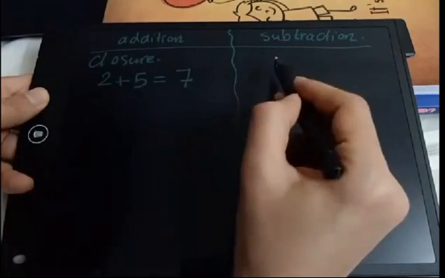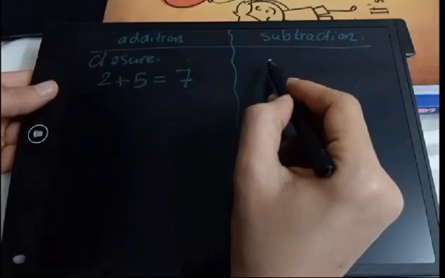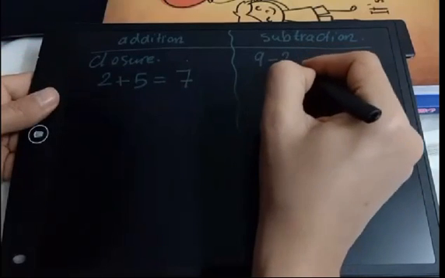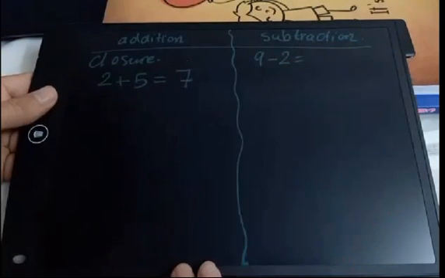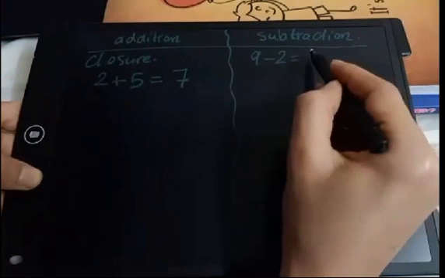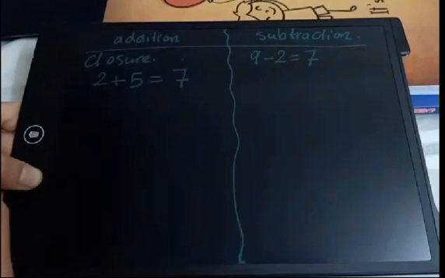But in the subtraction, is all the number exist in the natural numbers? Maybe yes and maybe no. If I say 9 minus 2, it equals what, guys? 7. Is it a natural number? Yes.